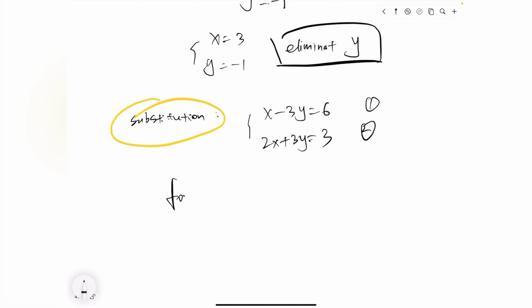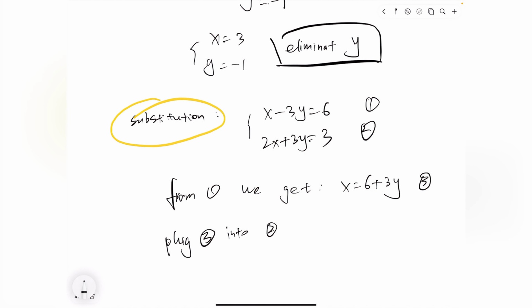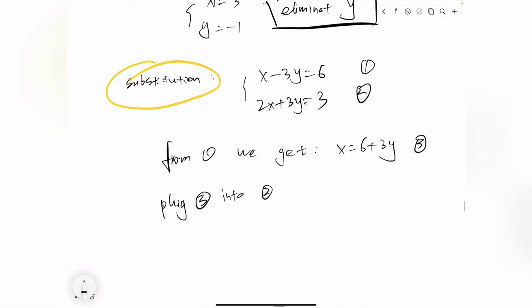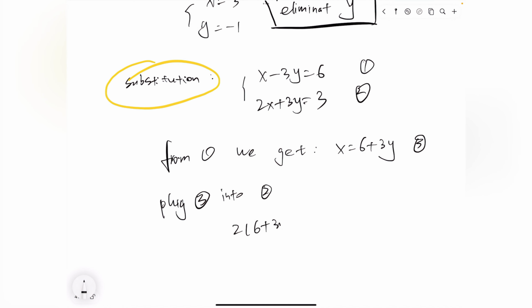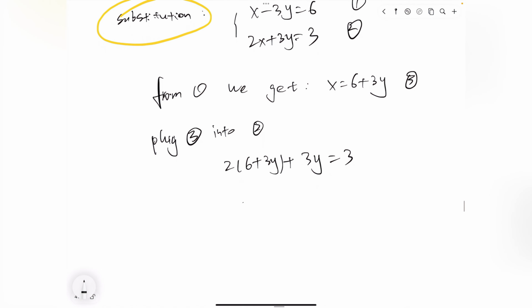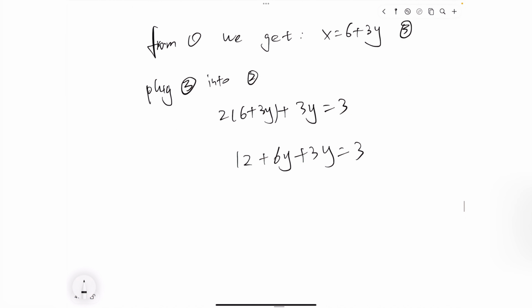So from 1, we get x equals 6 plus 3y. This is 3. We can plug 3 into 2. So 2 times (6 plus 3y) plus 3y equals 3. 12 plus 6y plus 3y equals 3.